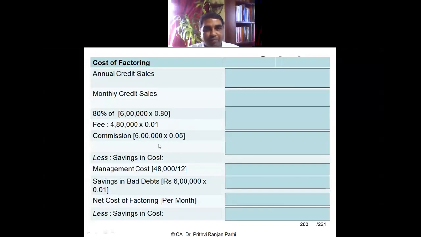If I go for factoring, I'll be saving management cost, saving bad debts, and what is the net cost of factoring. This is what you calculate. We'll be discussing this problem tomorrow. And similarly, you calculate what is the amount and the cost of bank finance. Then we'll compare both the things.